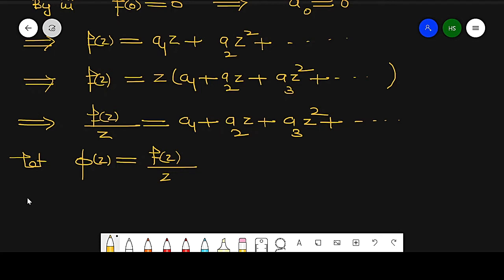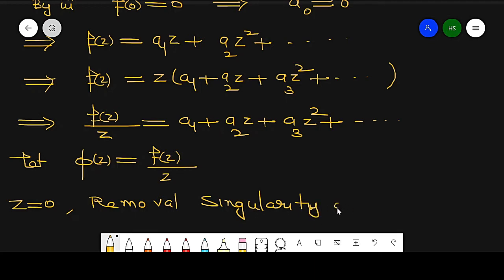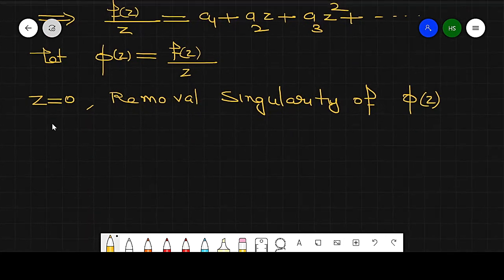So it implies z equal to 0 is a removable singularity of function phi(z). So what is a removable singularity? Just let me explain.